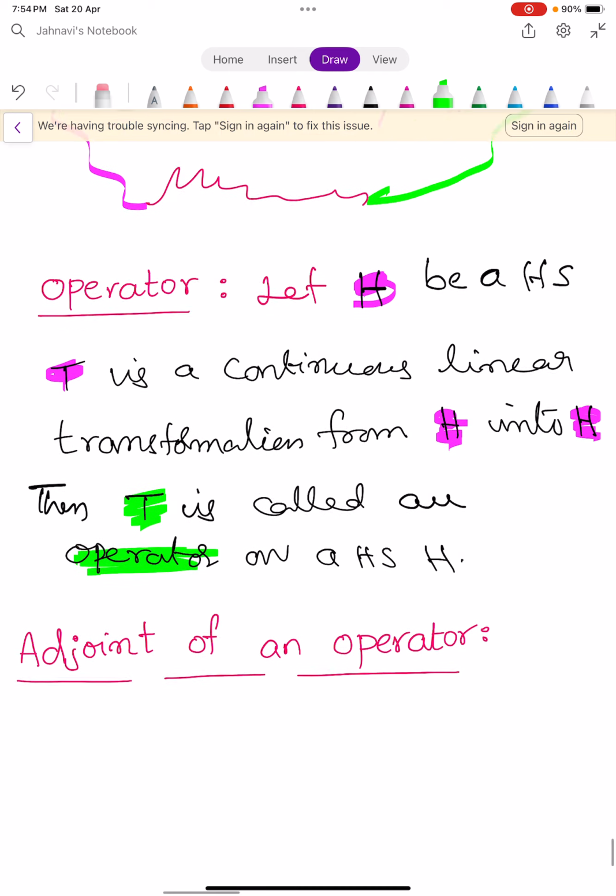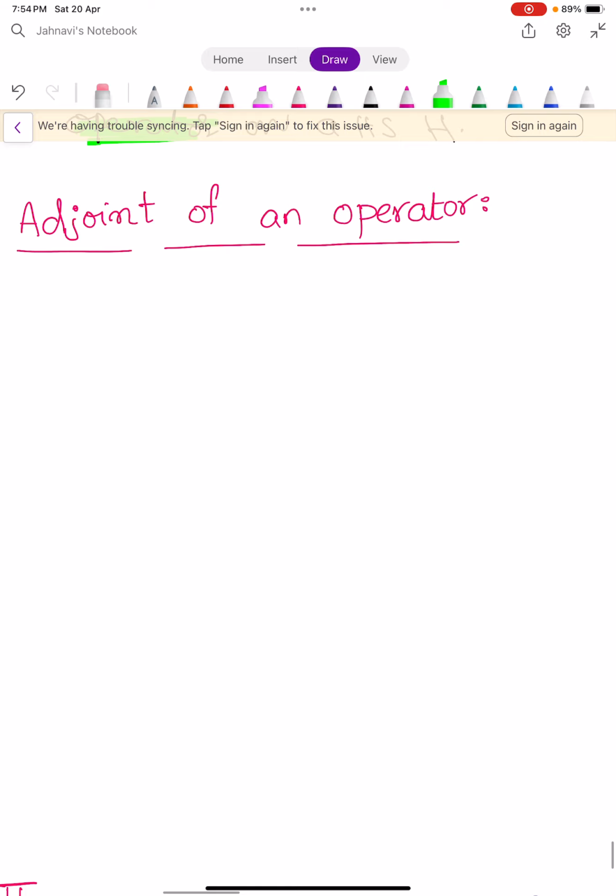Now let us define adjoint of an operator.